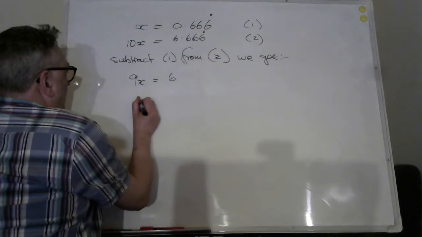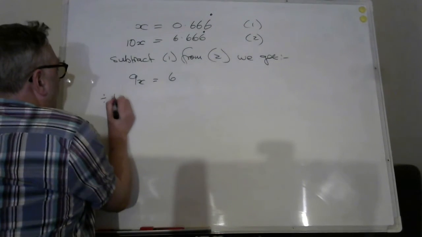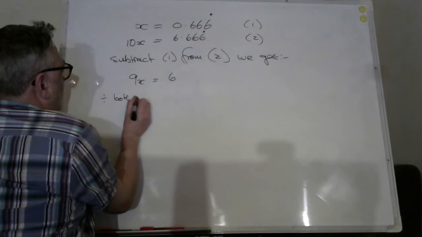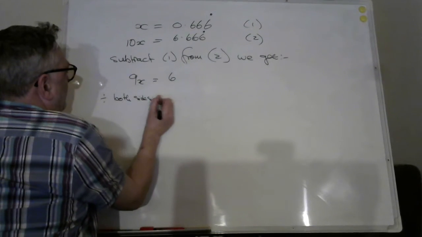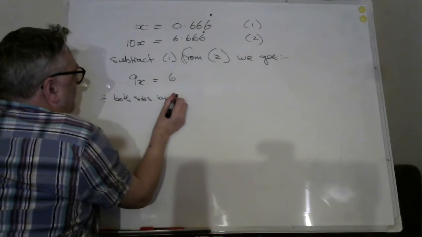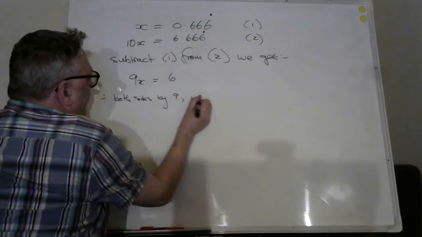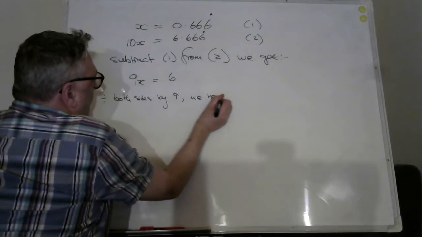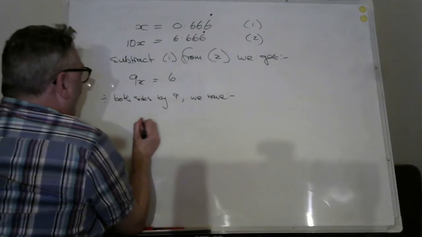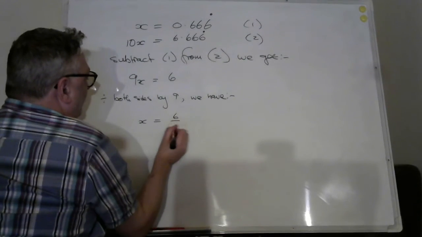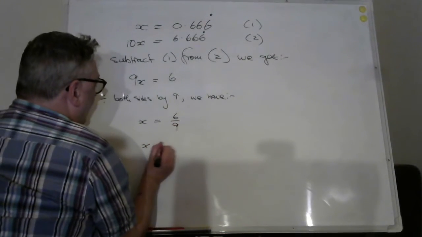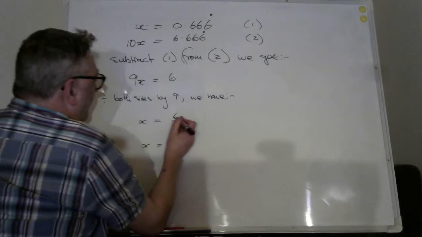So dividing both sides by 9, we have x equals 6 over 9, and that can be cancelled down, it cancels by 3, doesn't it?